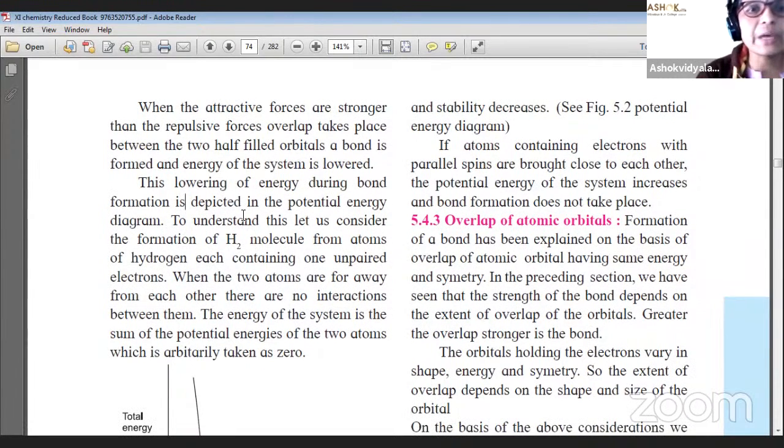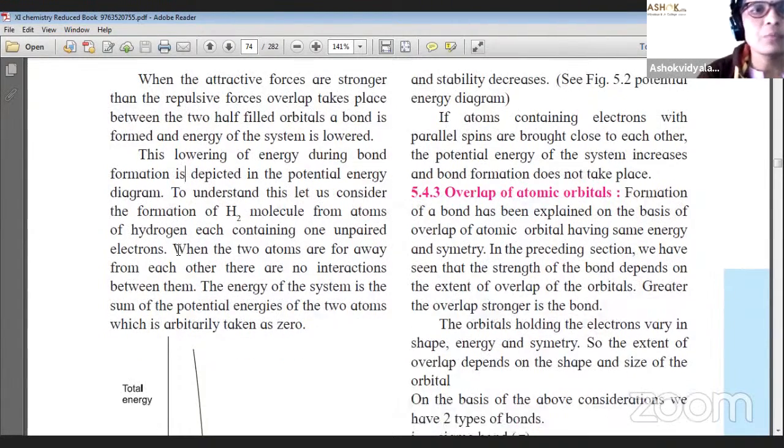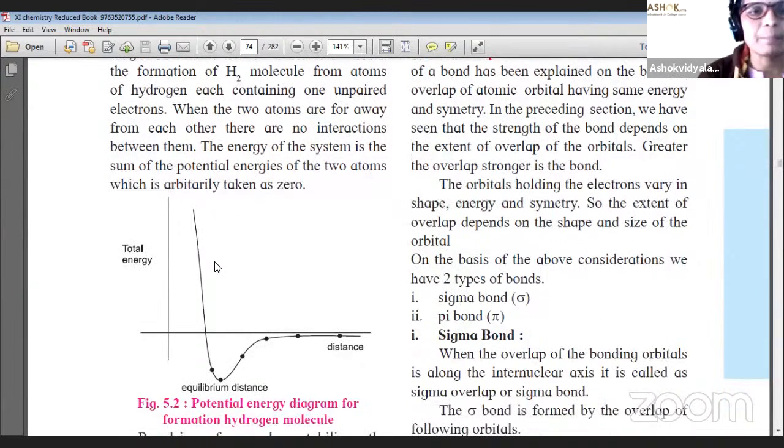This lowering of the energy during the bond formation is depicted in the potential energy diagram. So we'll see this diagram now. This diagram is showing the formation of a hydrogen molecule, which takes place between two hydrogen atoms, each containing one unpaired electron.